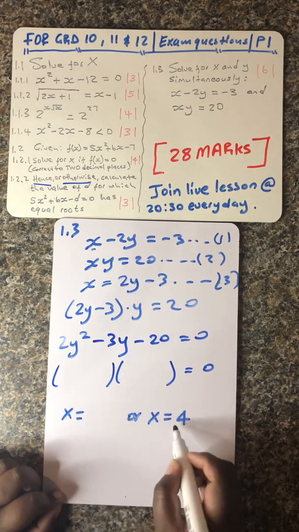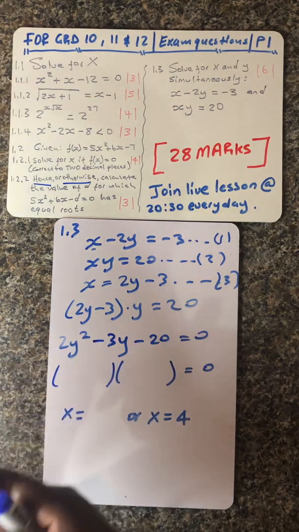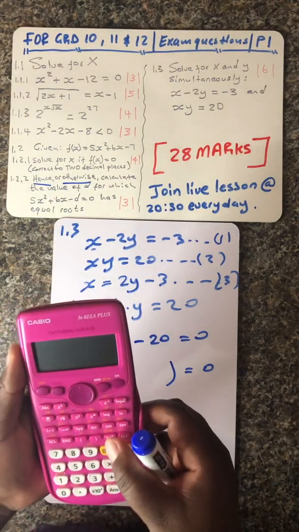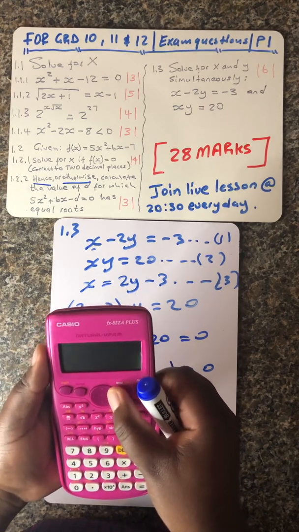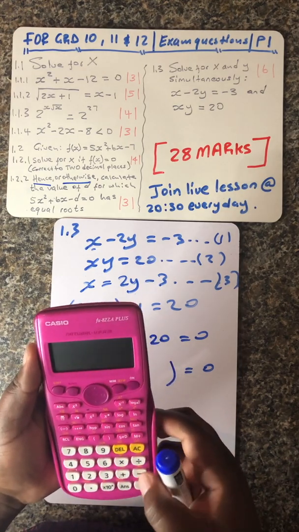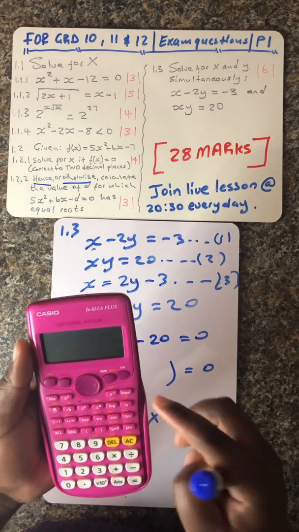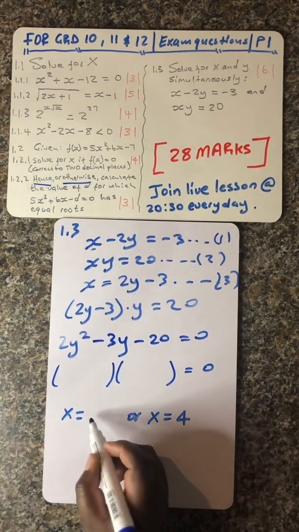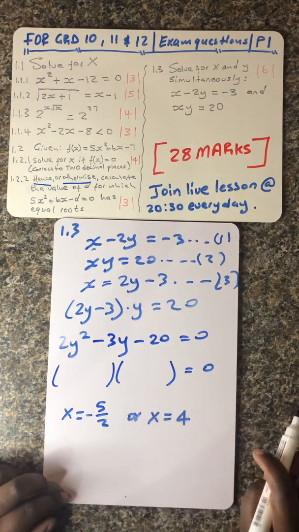The first one is 4. For the second value, you go up there, delete that positive sign and use a negative sign. Can you see the value that I get? It's -5 over 2.